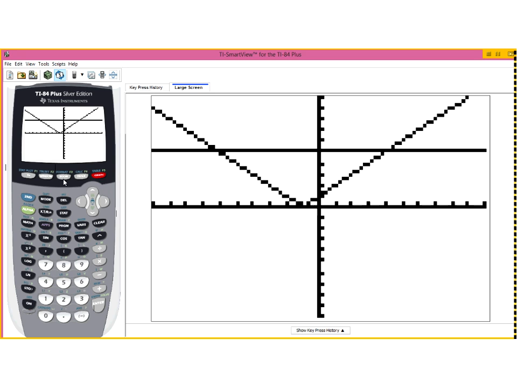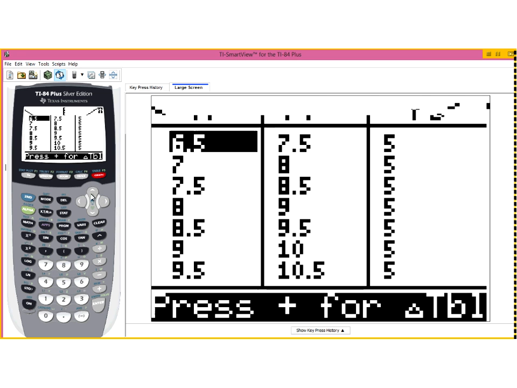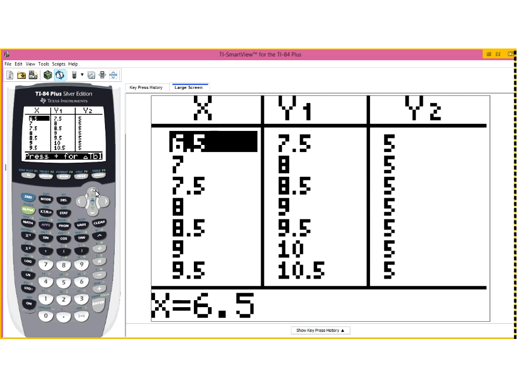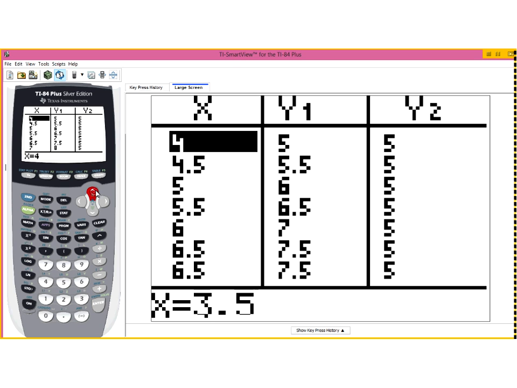Okay. Actually, what I'm going to do is go to the table. And what I'm looking for is a 5 in y1. So this is the x value, and at the x value of 4, I have a y value of y1, which is the same as y2. So x equals 4.